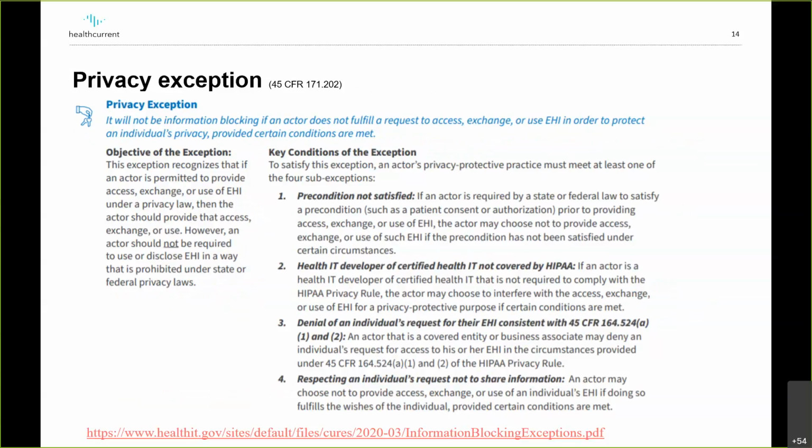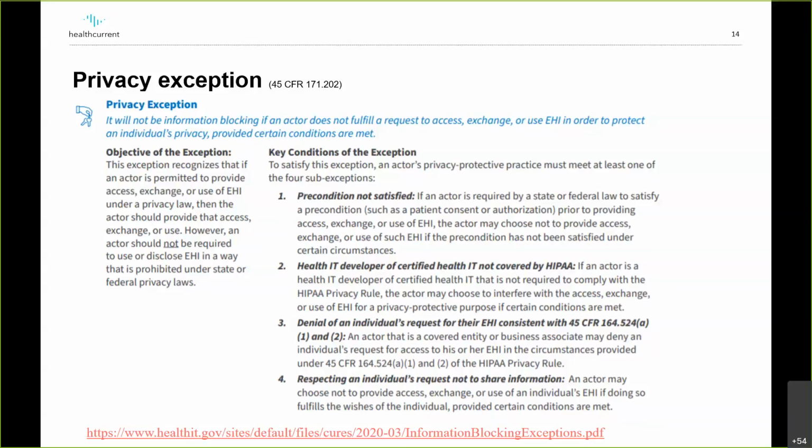But what I really want to focus on is the first safe harbor, preconditions not satisfied, because what that safe harbor is really intended to do is to tell us all, healthcare providers, HIEs alike, that you still need to comply with the privacy laws that apply to you. Like HIPAA, might be 42 CFR Part 2. If you're an HIE, it might be Arizona's opt-out requirements.